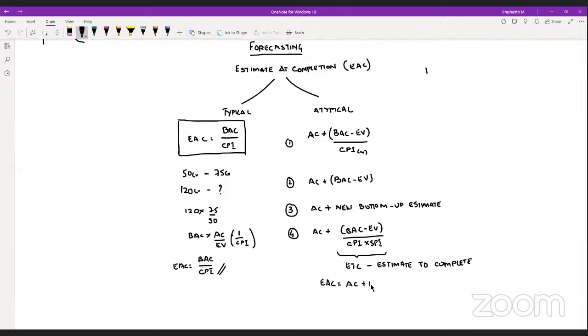AC plus ETC. This ETC is given in the question. AC is common in all, and depending on the situation, your estimate to complete the remaining work will keep changing. Clear? Good.